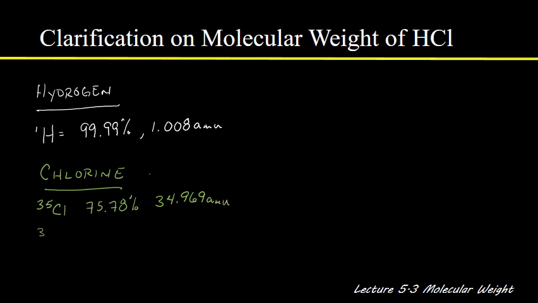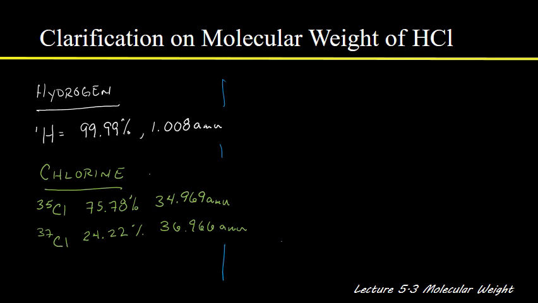And the other isotope is chlorine 37. About 24% of chlorine atoms are chlorine 37. And this isotope has a mass of about 37, a little bit less, right? 36.966 AMU.